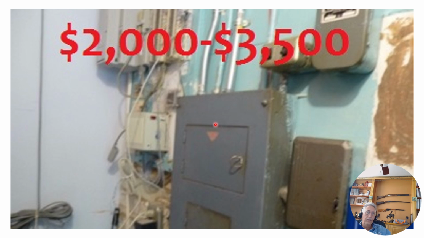This is 100 amp. They might want to go to 200, which involves more issues. But you can get a 30 circuit 100 amp box too, and you'll have more circuits. But around here, 2,000 to 3,500, probably around 3,000, I would say, for a service change where I live.